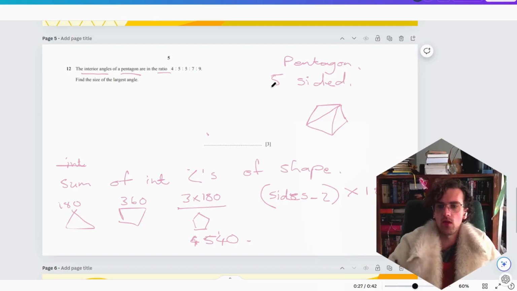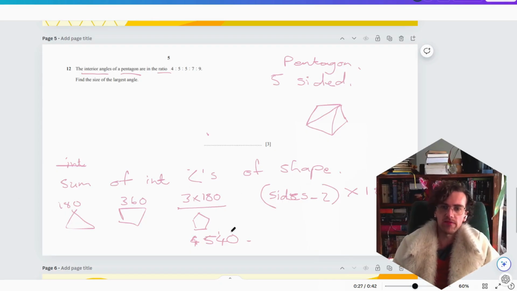Okay, so we've got this now. We've got 540 is the total angles. So if this is now the ratio, what do all these add up to? 4 plus 5 plus 5 plus 7 plus 9. So they all add up to 30. Okay?